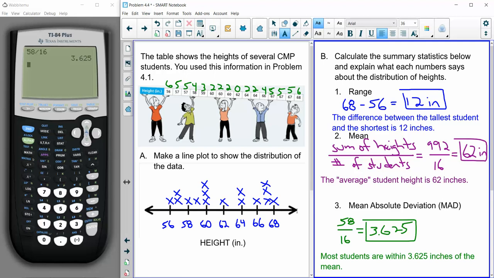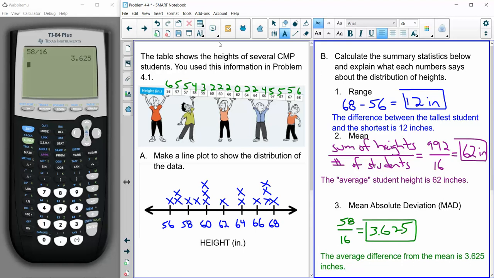And then we kind of average, what's their average distance from the mean? Maybe we should put that. Let's do that. The average difference from the mean is 3.625 inches. There we go.